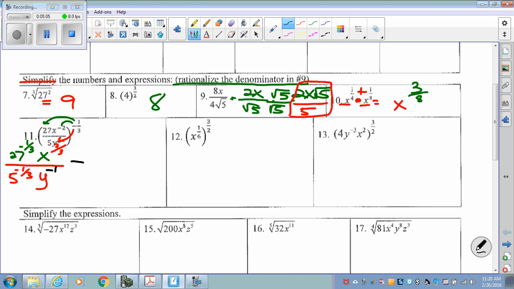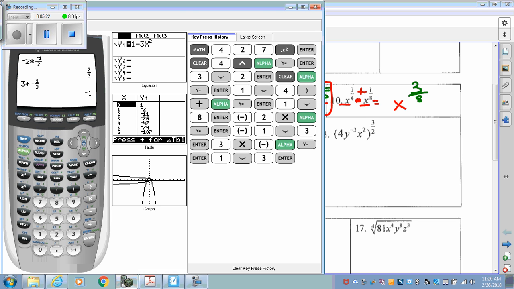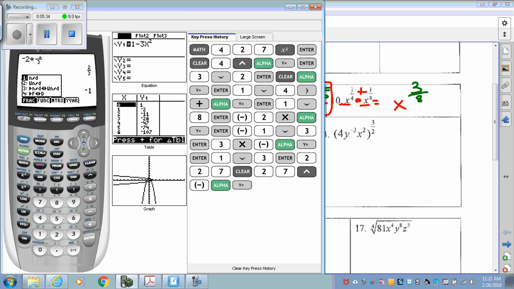And then now I'm just going to simplify this. Basically, I can't have negative exponents. So if I take 27 to the negative 1/3 power, I'm just going to do that on my calculator, 27 to the negative 1/3, and then I can make that into a fraction.